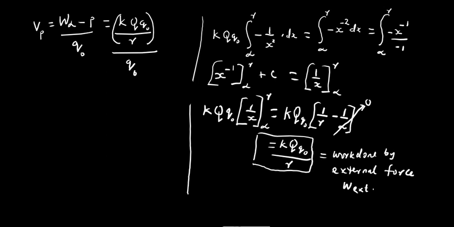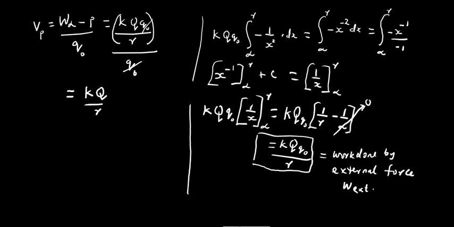This q naught here cancels, so we end up with kQ over r.